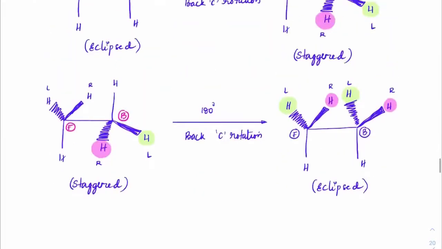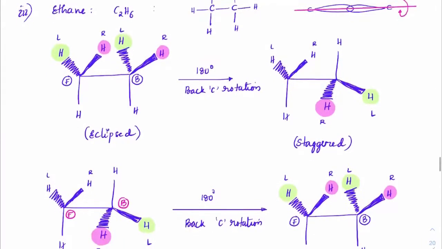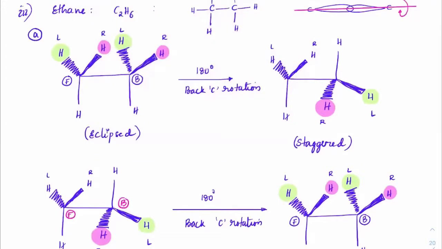Now this is the representation for ethane. You'll still get the same thing because you're not breaking the bonds. As long as you don't break the bonds, whether you do clockwise rotation or anti-clockwise rotation, it does not make any difference. It is the same molecule. The only thing you are changing is the closeness of the atoms.